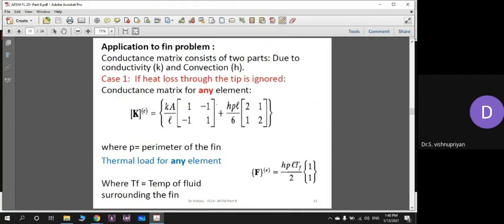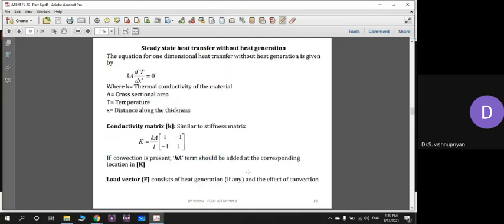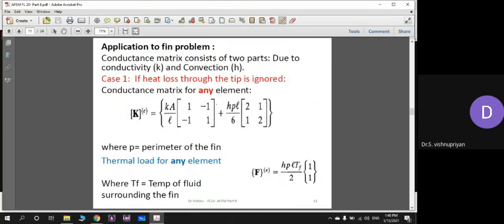So what we will do is take up the case of a fin and see how we can apply this idea. All of you know what a fin is. A fin is an additional surface added to an existing surface to increase the heat transfer from the given body.